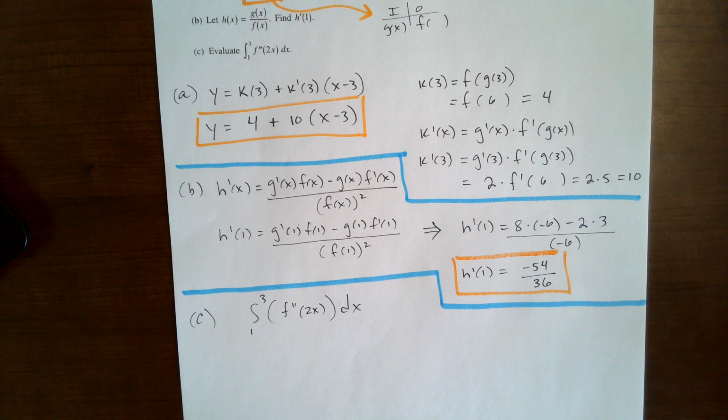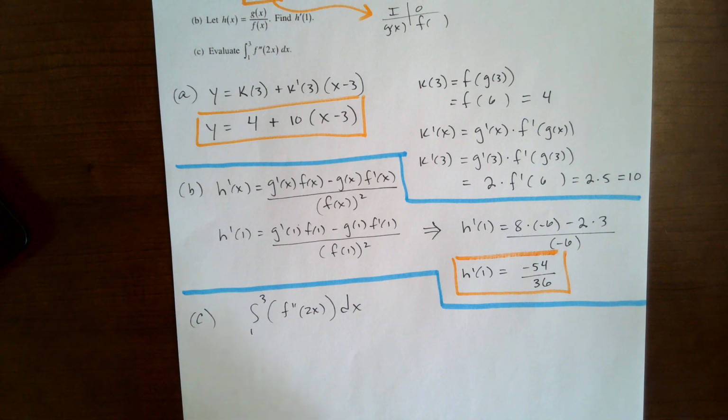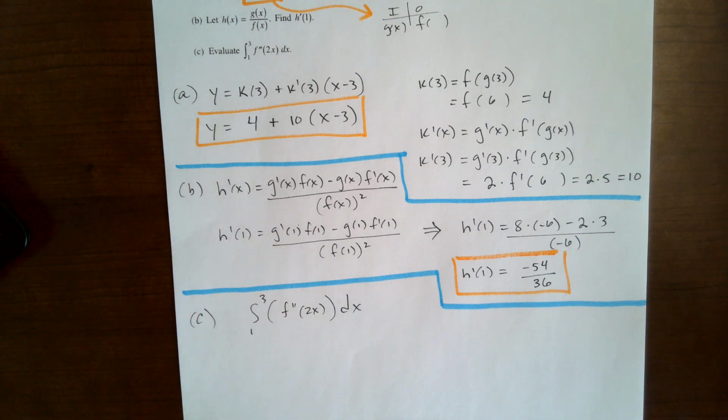Okay, so we need to use u substitution. All right, if this was just f double prime of x, then the antiderivative of f double prime is f prime, because you'd be going backwards just one derivative.